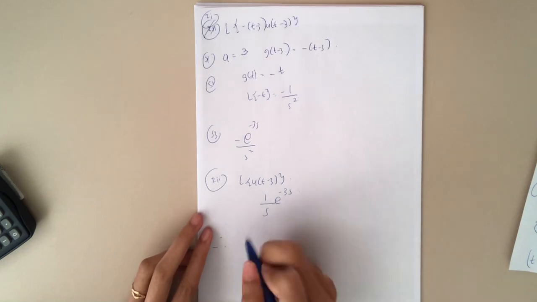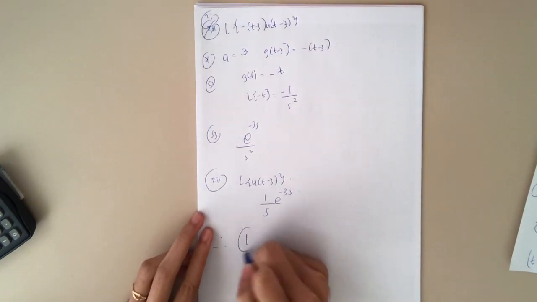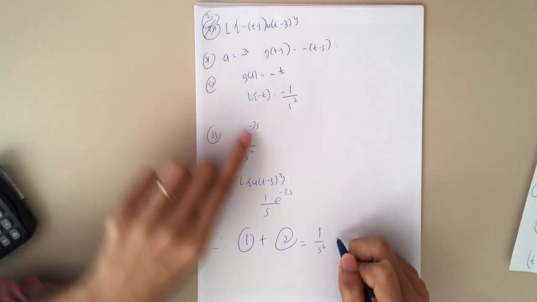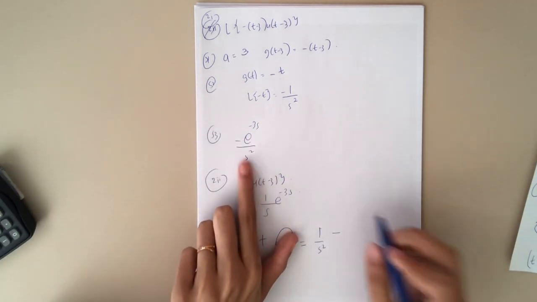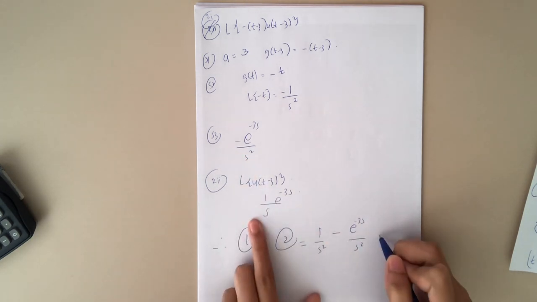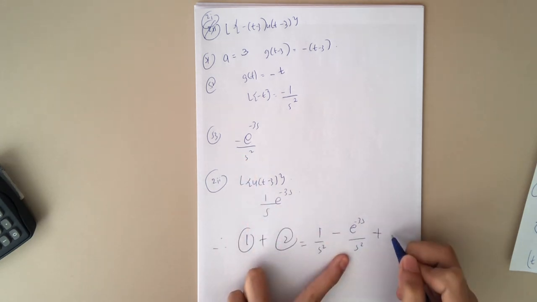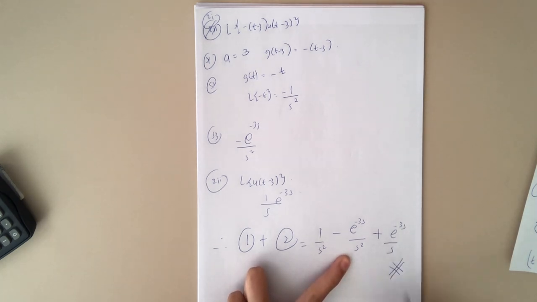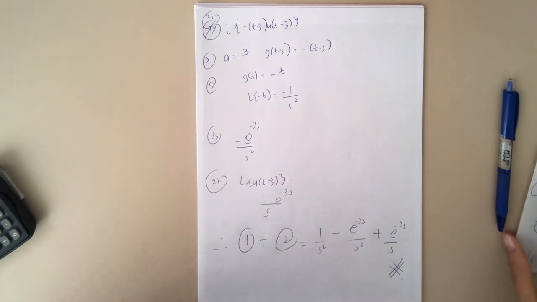I'll write it down first: 1 over s squared, minus 3e to the negative 3s over s squared, and then this one is plus e to the negative 3s over s. So this is the final answer.